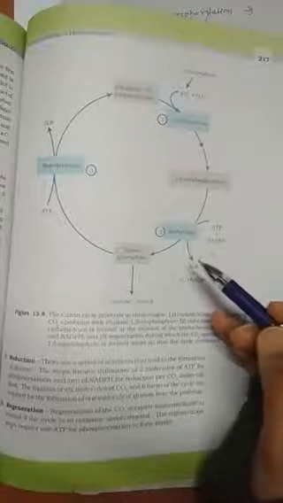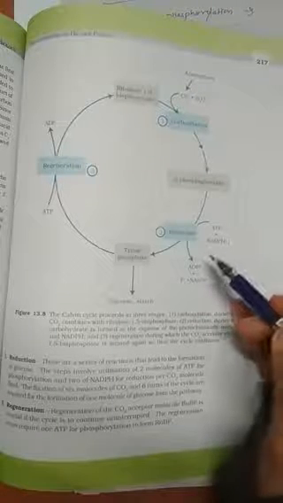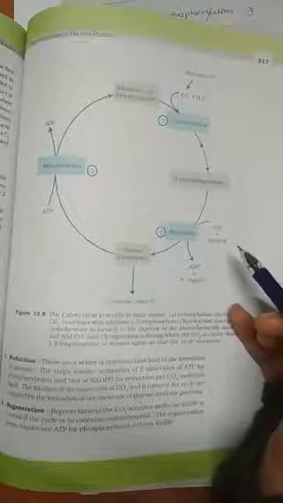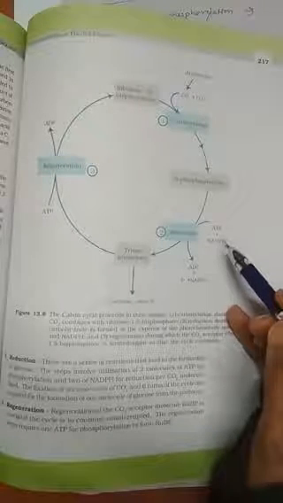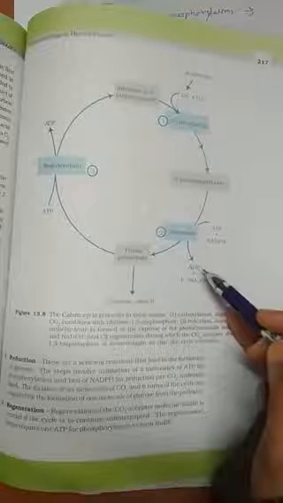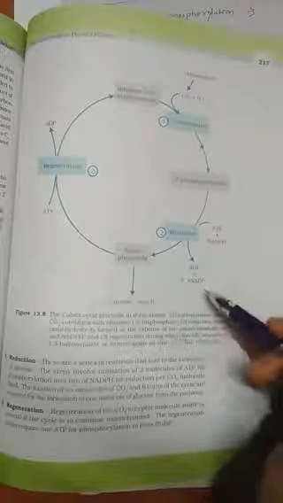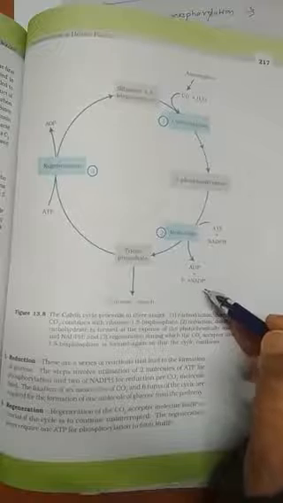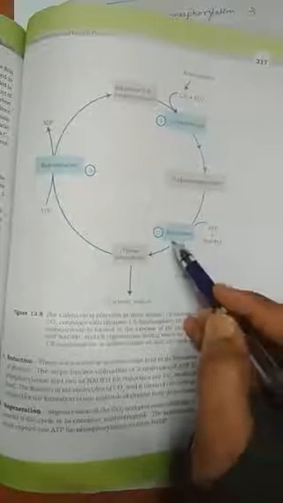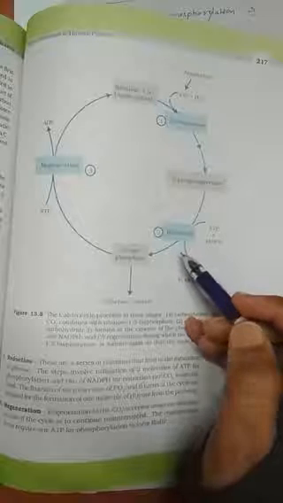The second step is reduction. Carbohydrate is formed at the expense of ATP and NADPH. Here ATP plus NADPH gives rise to ADP and P plus NADP. It means they are used. This is called reduction.